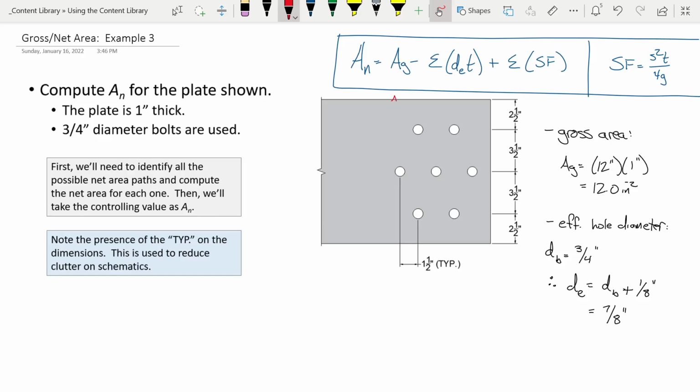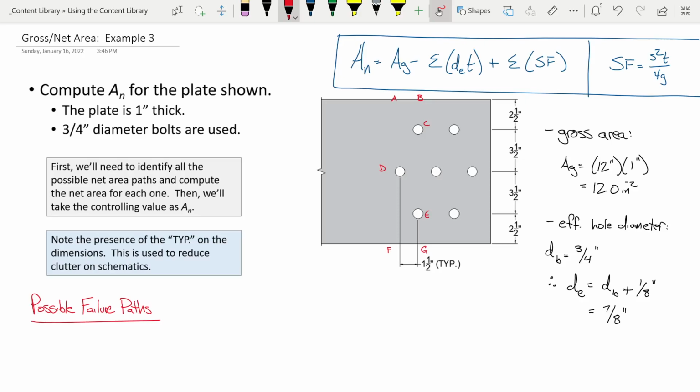So, let's see, A, B, C, D, E, F, G. Help me out. What are our possible failure paths?